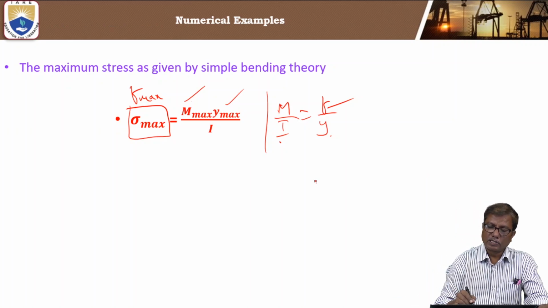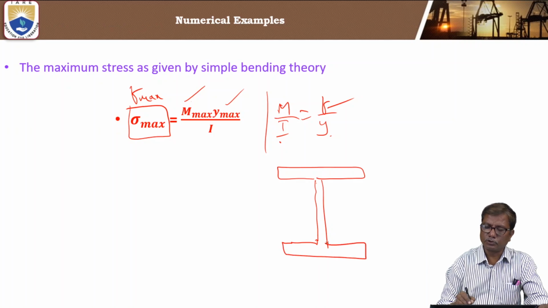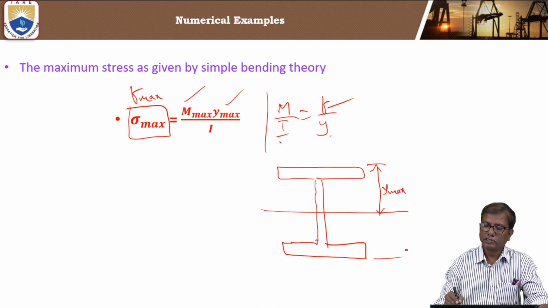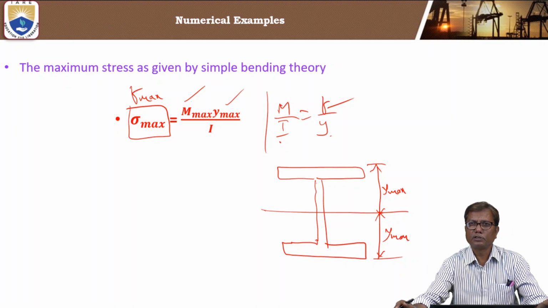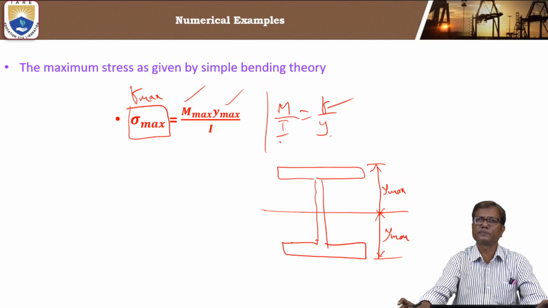For an I section, which is symmetric, either the bottommost or topmost fiber is at the same distance. This is Y maximum actually. In this case, the distance is the same for both topmost and bottommost fibers because it is a symmetric section.